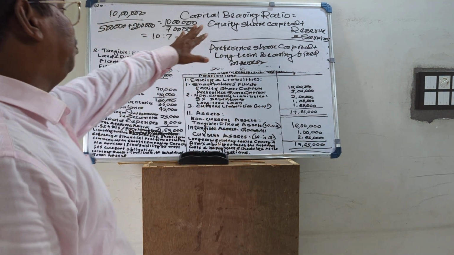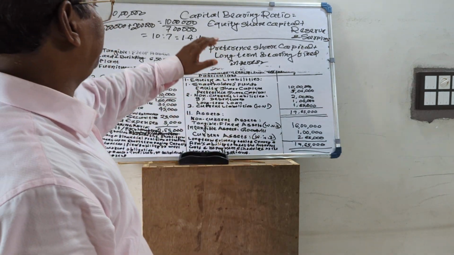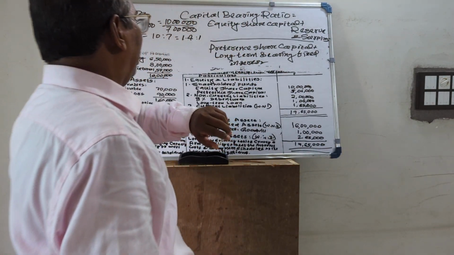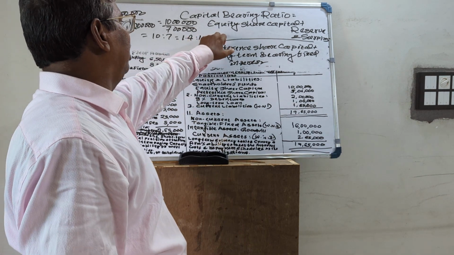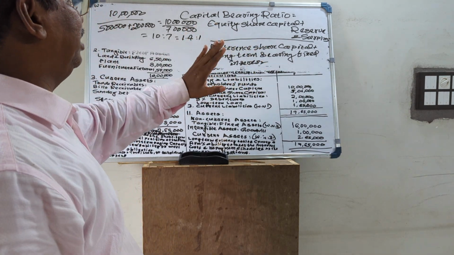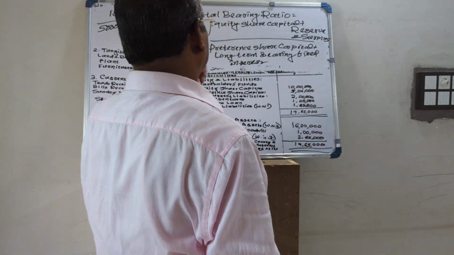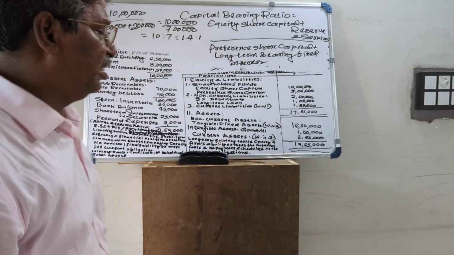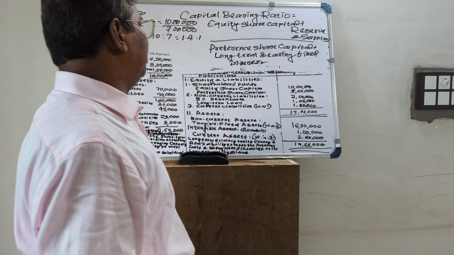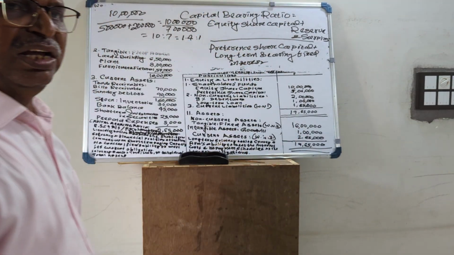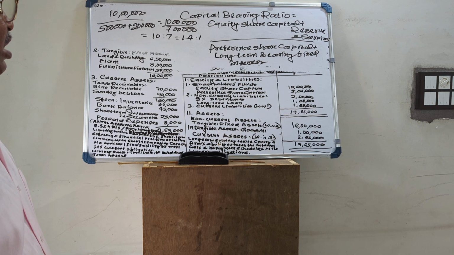In the capital bearing ratio, we have to calculate how much is the owner's equity. Owner's equity means only equity share capital, but preference shareholders get fixed dividend on their investment, whereas equity shareholders are the owners of the company.